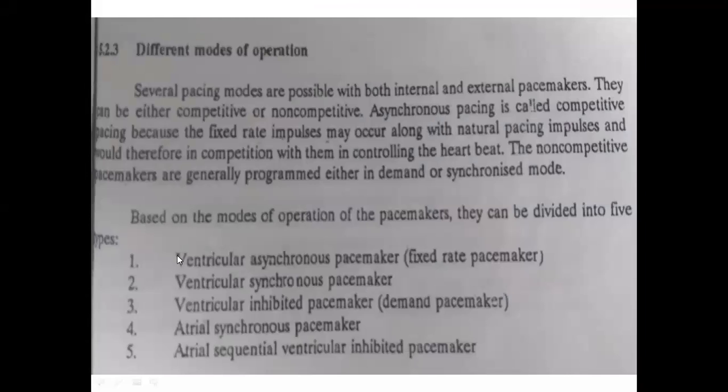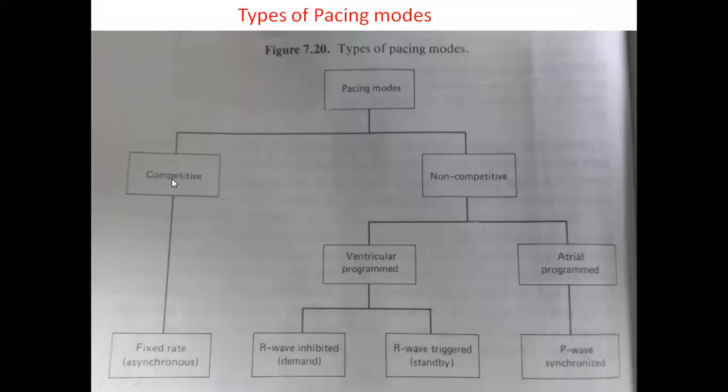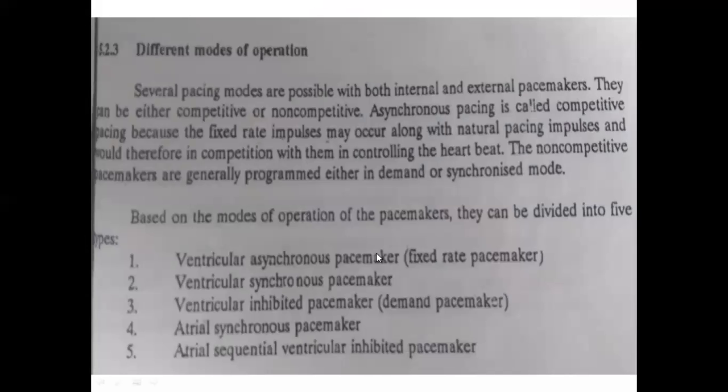Based on the modes of operation, pacemakers can be divided into five types. The first is the ventricular asynchronous pacemaker, also called the fixed rate pacemaker. On the left side we have competitive, which is fixed rate or asynchronous. The second is the ventricular synchronous pacemaker.